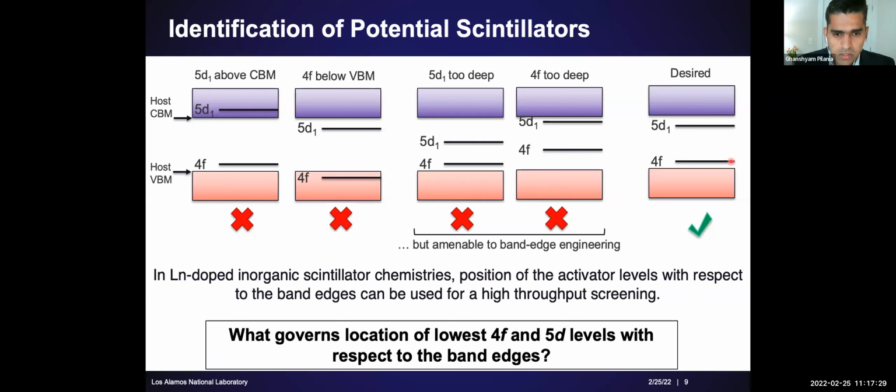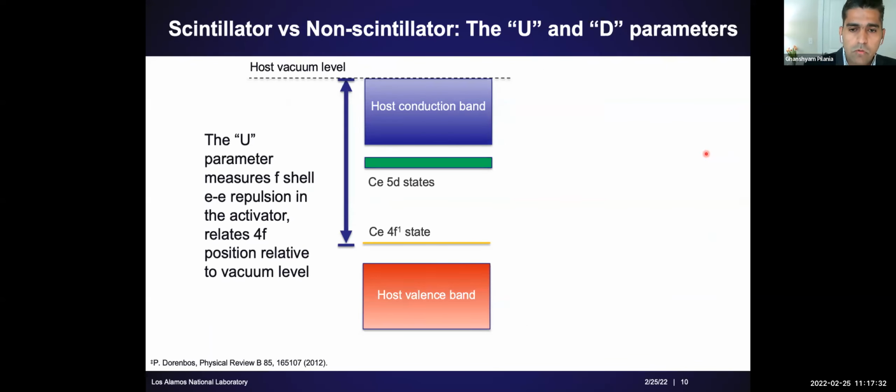And if you look in the literature, it seems like there are two spectroscopic parameters, the U and D parameters, that dictate the position of 4F and 5D levels in lanthanide dopants. Here, the U parameter should not be confused with the Hubbard U parameter that is frequently invoked in DFT+U calculations. In fact, this is a local property of a 4F lanthanide shell, and it represents local electron-electron repulsion in the 4F shell only.